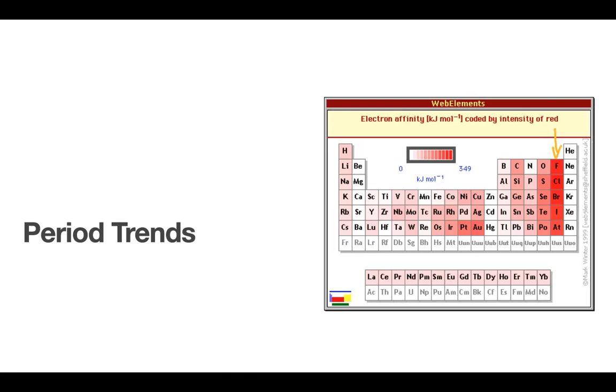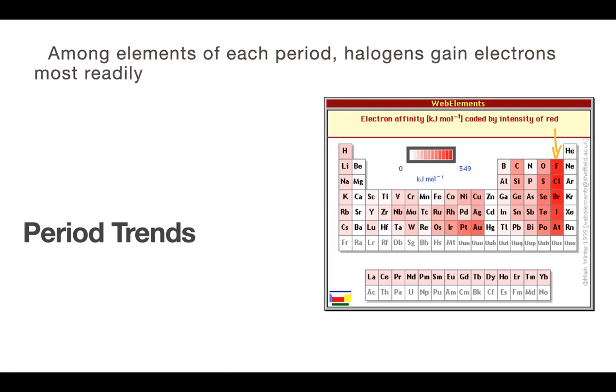So they seriously want that electron. So we can say going from left to right, the electron affinity generally increases as you go across the period.